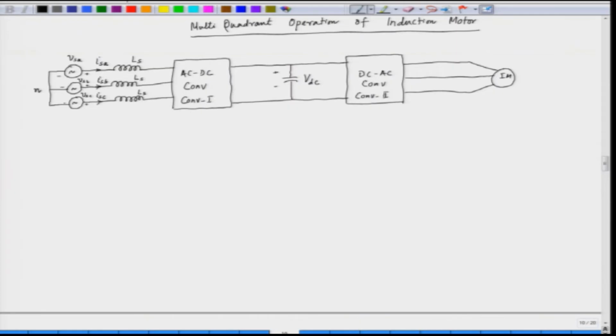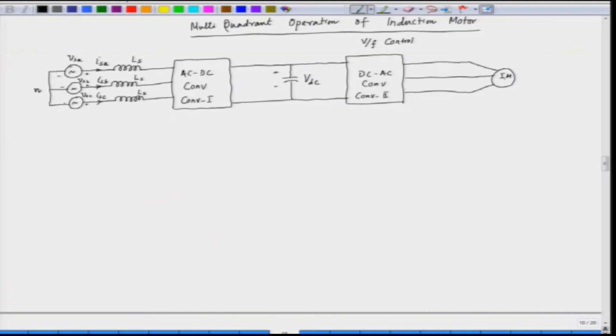So, the second converter could be a V by F converter. So, we can go for V by F control here. The first one has to be controlled such that the DC link voltage is kept constant.